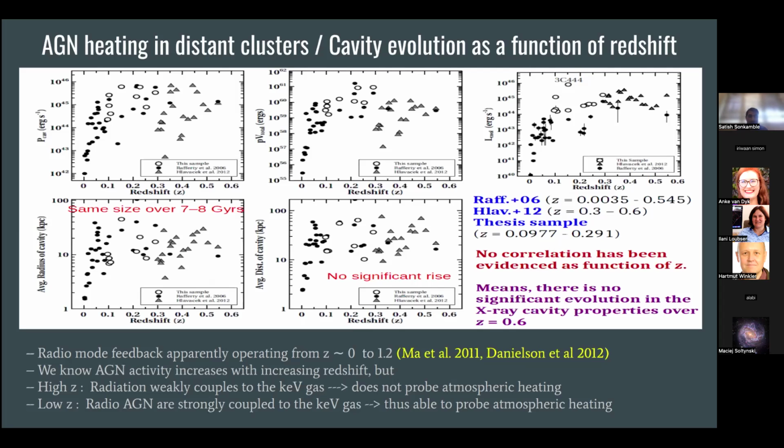So we need to rely on other means, like radio, using LOFAR, which can probe to a redshift beyond 2, up to less than 5. Another issue is that radiation is weakly coupled at high redshift. The radiation is very weakly coupled with the X-ray gas, which is emitting in kilo electron volts, and therefore we don't see any atmospheric heating there.